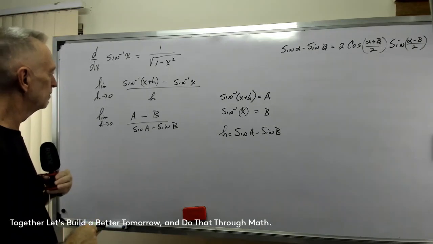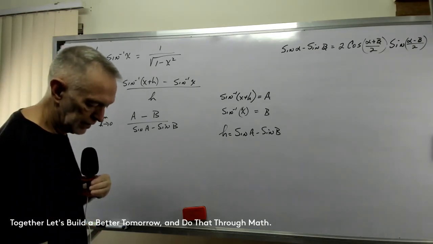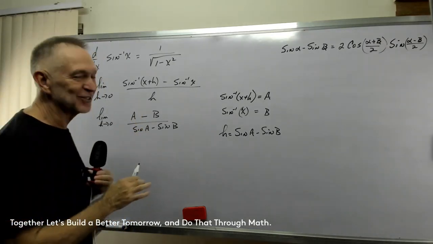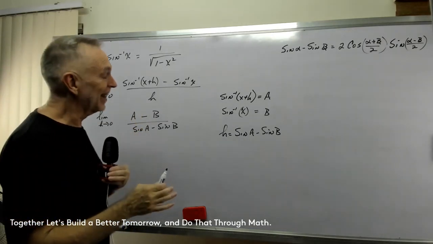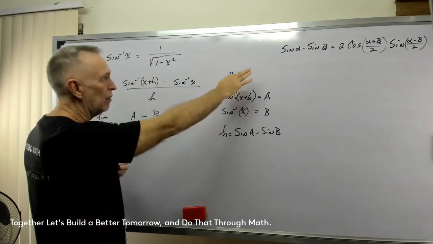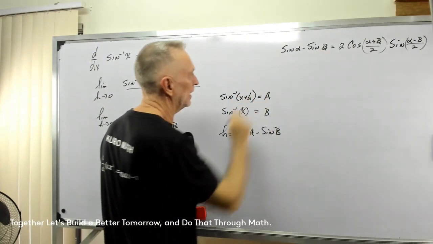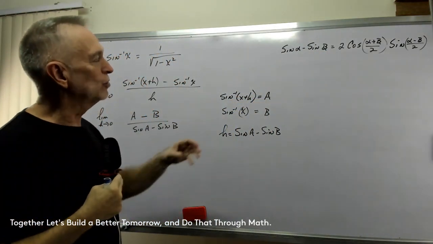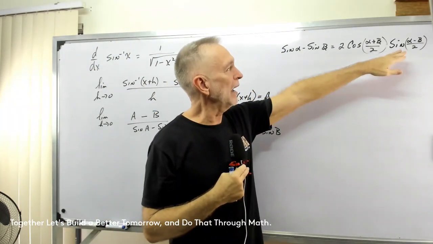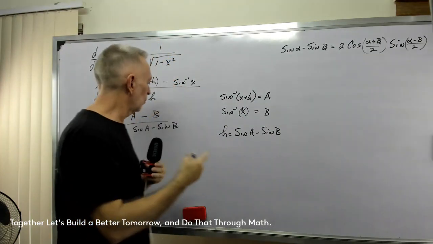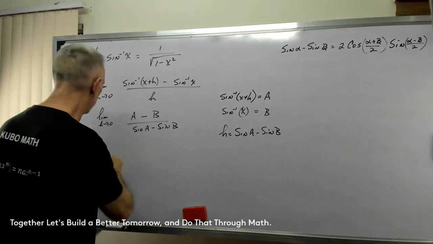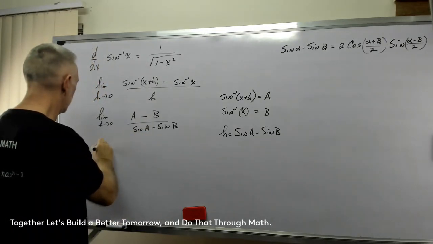Now what to do? Well, there is a formulation out there. I guess this goes back to, where did they get that? And maybe that's a different video. But it says sine alpha minus sine beta equals 2 times cosine of alpha plus beta over 2 times sine of alpha minus beta over 2. So we're going to plug that formulation in here.